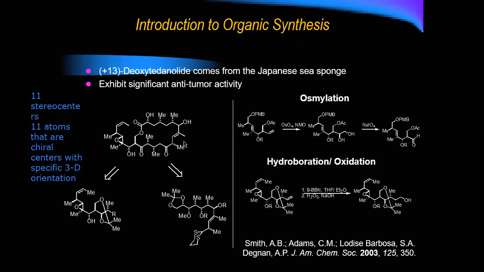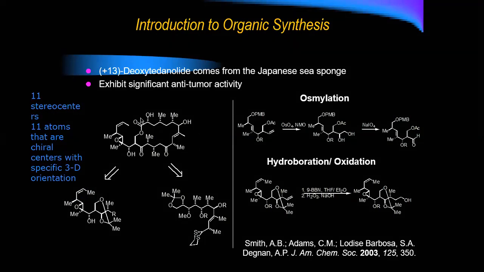And so the plus 13 means that this is the plus isomer. And if there's a plus isomer, then there has to be a minus isomer also. The number of isomers is actually 2 to the 11, because you've got 11 stereo centers. To determine how many isomers are possible, it's 2 to the n, where n is the number of stereo centers.